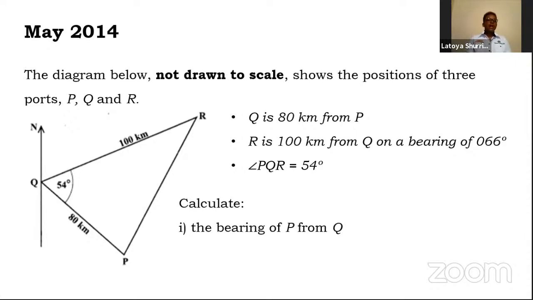Don't only look at the diagram, look at the words as well. All right, Beyonce, I forgive you.